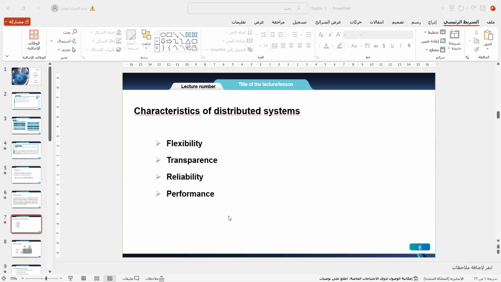Now, let's talk about the main characteristics of any distributed systems, which can be summarized in 4 main characteristics: flexibility, transparency, reliability, and performance.